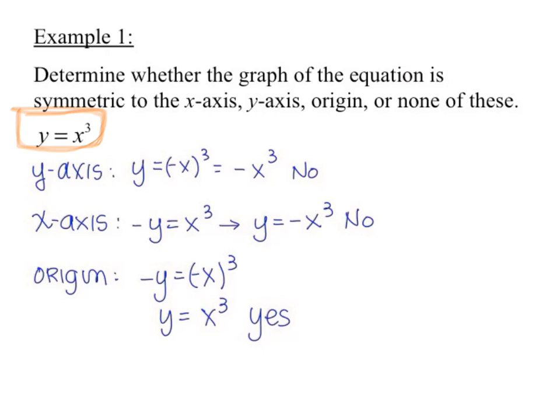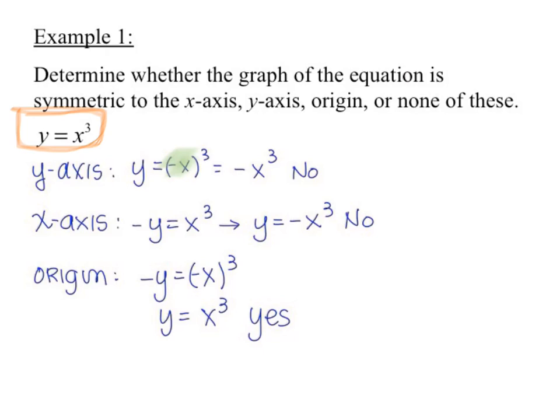So we first replace our x with a negative x, and so we can see we've got this negative x in here instead of x. When we evaluate that, negative x times negative x times negative x is negative x cubed. So it'll be a negative. And so this is not the same. So no, it's not a y-axis symmetry.